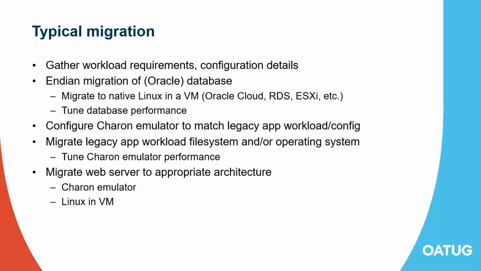And then migrate your web servers to wherever that needs to go, if that needs to go to an emulator in its legacy configuration, or if you can migrate those to something like Tomcat on Linux in a VM or something along those lines. And then that's the basic algorithm for migrating your applications over. And at that rate, you can run it up and it'll run just like it did in your legacy architecture.